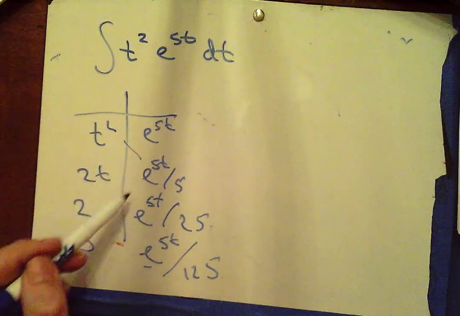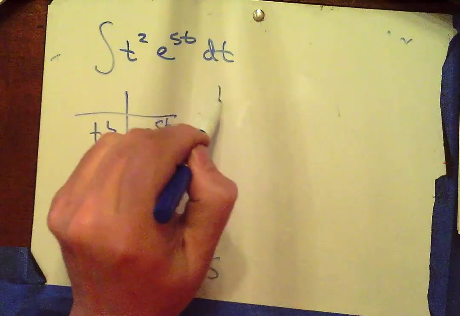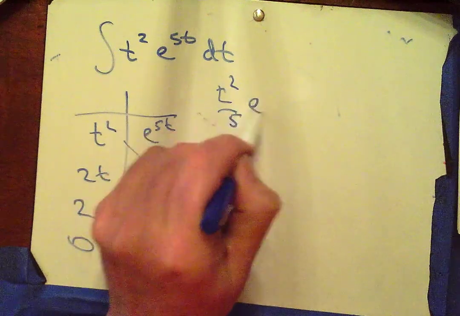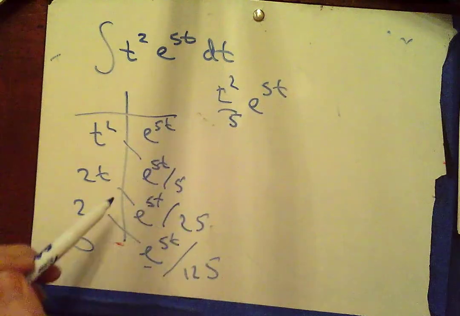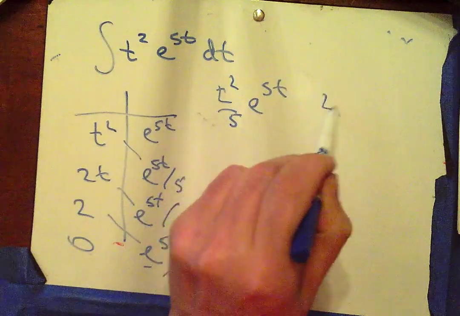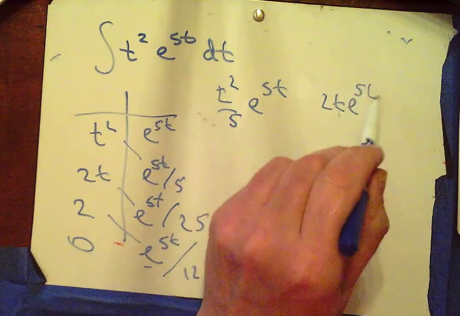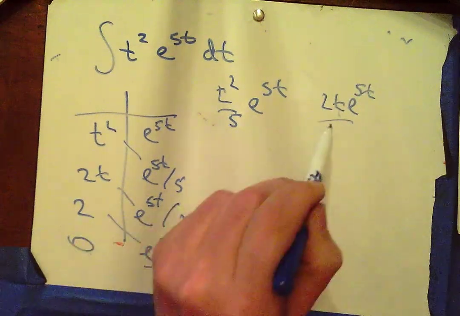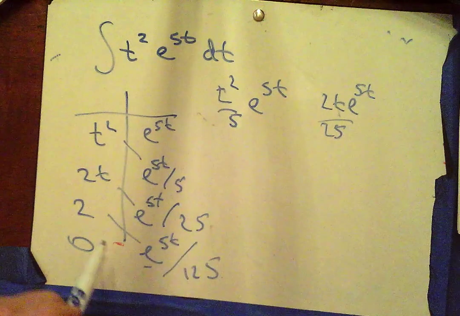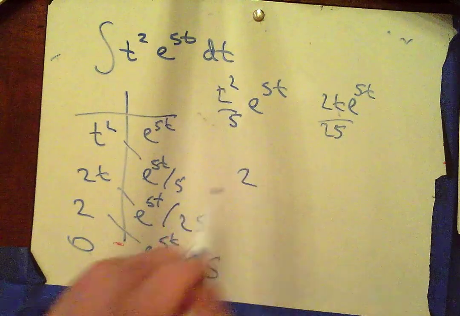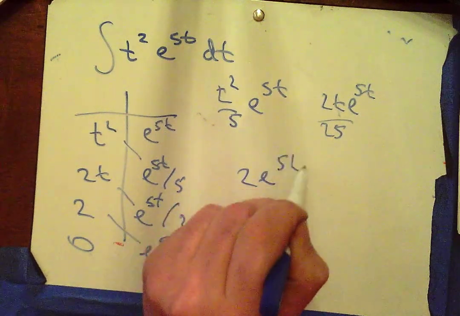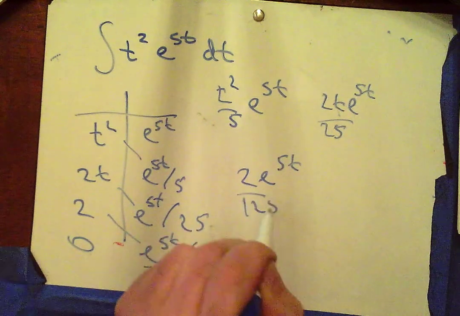Okay? On the diagonal, we've got t squared over 5 e to the 5t. We've got 2t e to the 5t over 25. We've got 2 e to the 5t over 125.